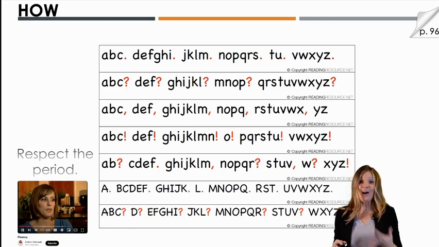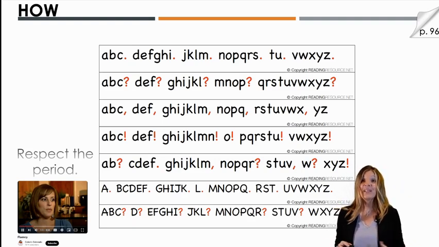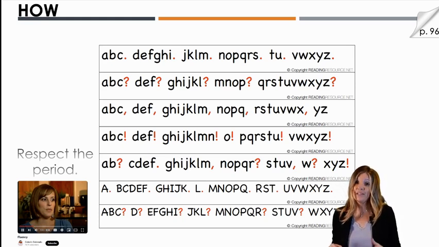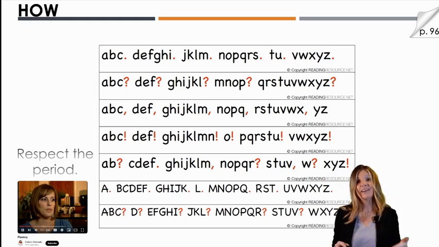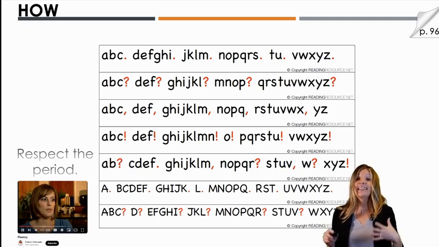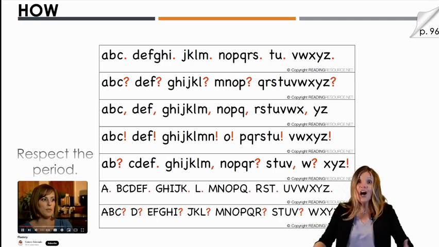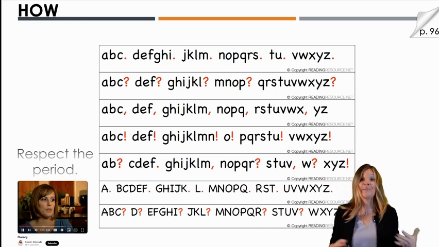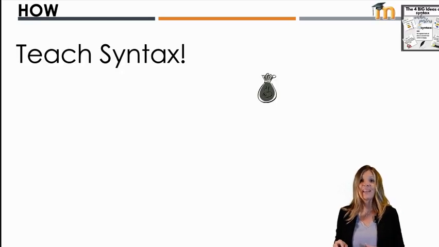So you can do this with alphabet or numbers or colors and have them just tune in to the punctuation marks and match their voice to the punctuation. And you can have them write their own with colors or numbers or animals, and then that gives them that cognition to tune into punctuation, because punctuation builds comprehension.